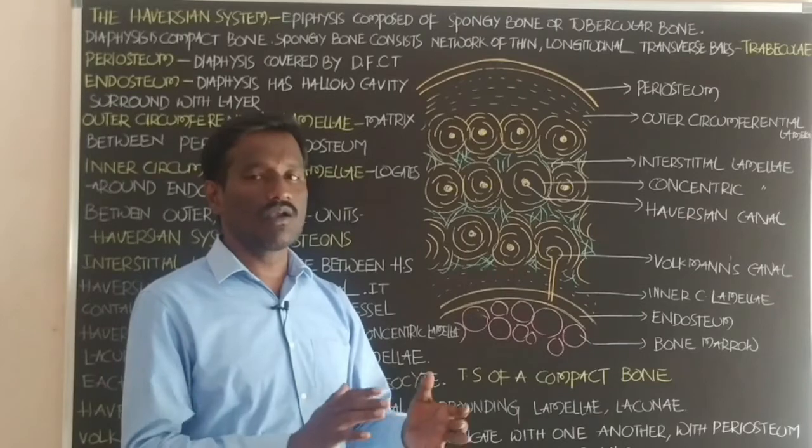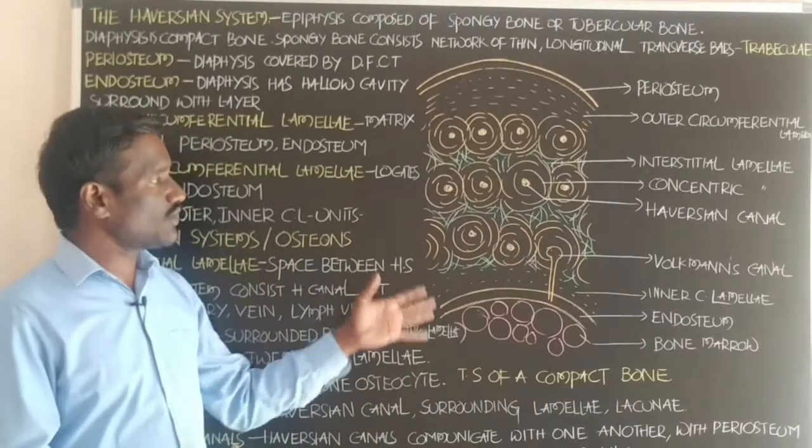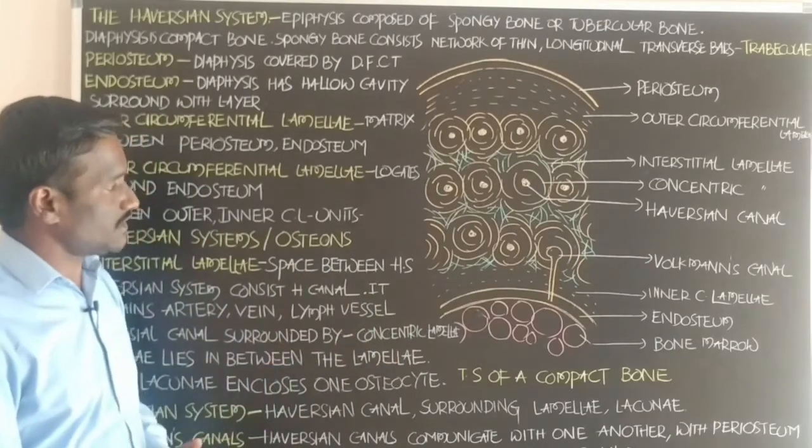These canals are called Volkmann canals. That is about the Haversian system.